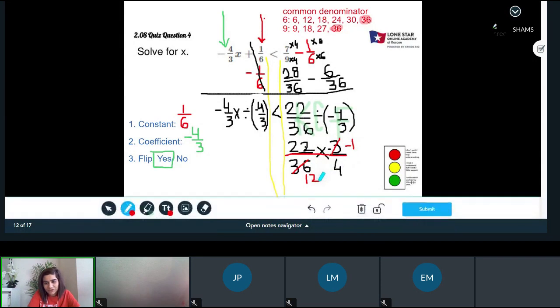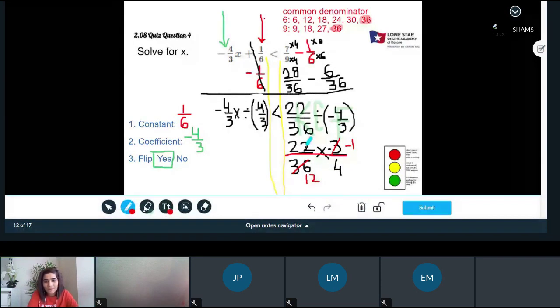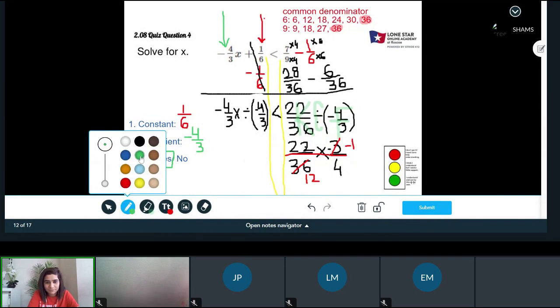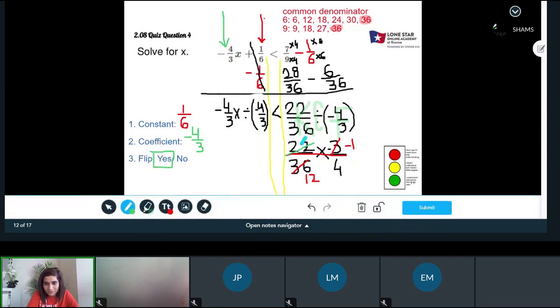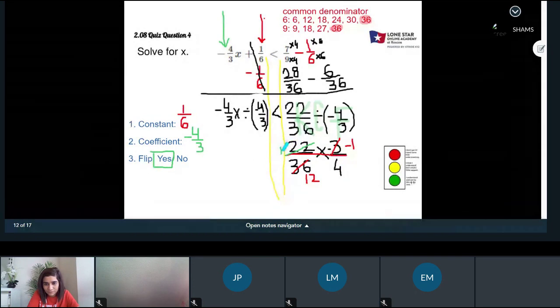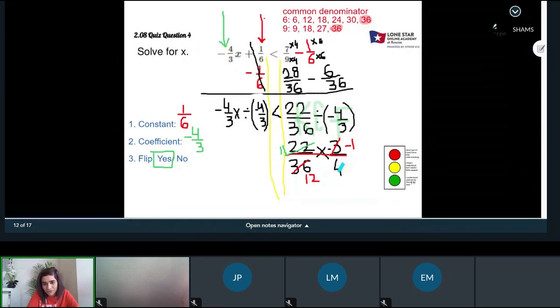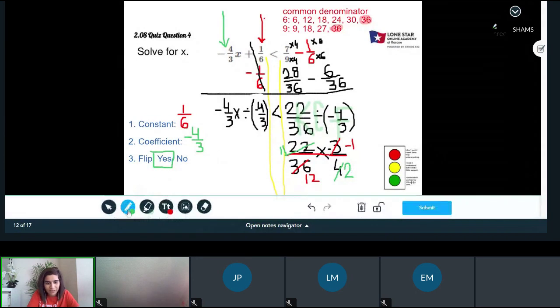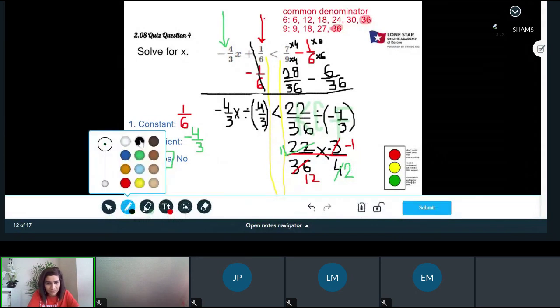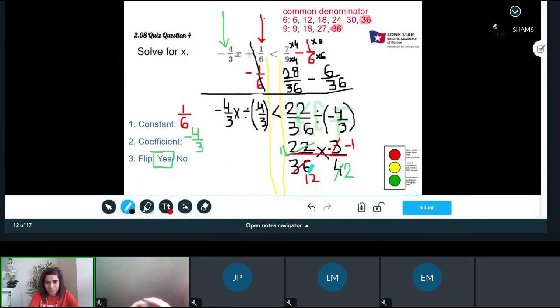Then I can further simplify that 22 and 4 are even numbers. 22 becomes 11. 4 becomes 2.